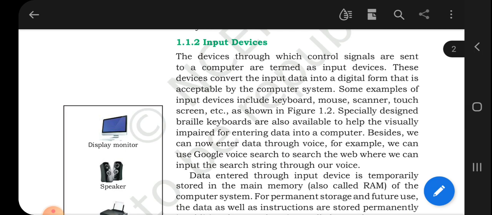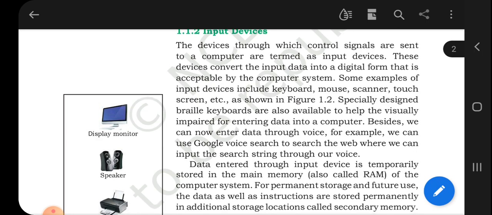These devices convert the input data into a digital form that is acceptable by the computer system. Some examples of input devices are keyboard, mouse, scanner, touchscreen, etc.